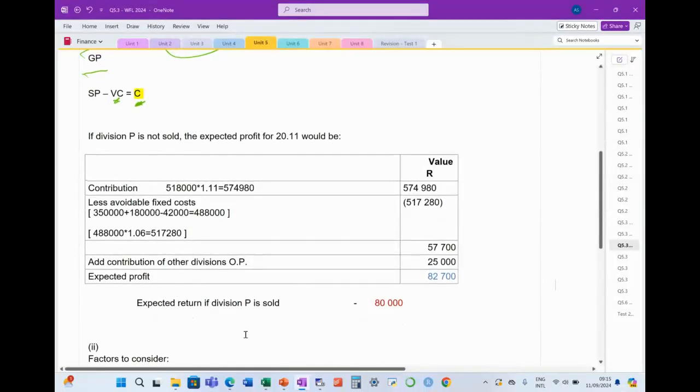You're going to keep division P. So that is your first bit.